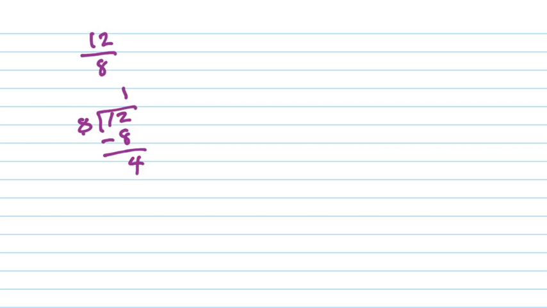But 8 won't go into 4, will it? So that tells us we need to make it look bigger by putting in a decimal and then a 0. And 8 divides into 40 how many times? 5 times. 5 times 8 is 40. Subtract, you get a 0. So you just have the decimal later, wherever you need it. Was that your question? Okay.